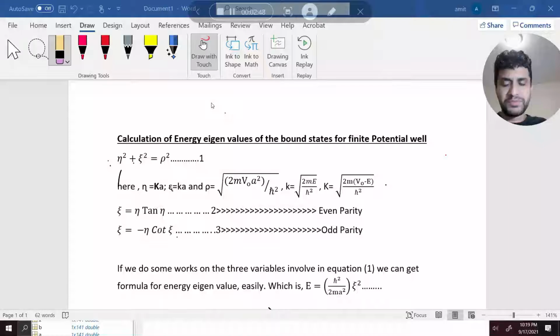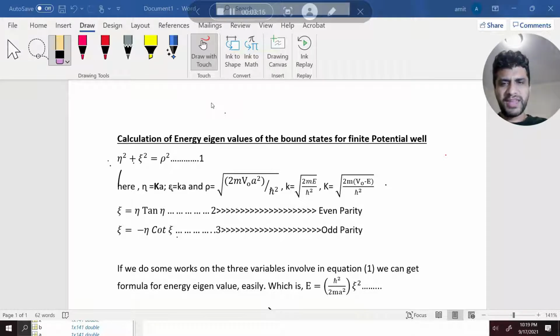After a few steps of simple mathematics, for even parity we get equation 2, and for odd parity we get equation 3. Up to here, the problem is simpler. The problem starts from here. Now you have to find the energy associated with the particle inside the potential well in a particular energy level.